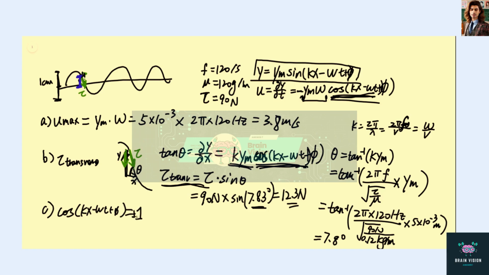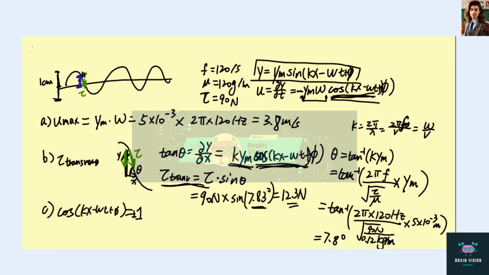The second part of C is that we want to find out the displacement y at that point. That is also not so hard, because we have cosine(kx minus omega t plus phi) equals plus or minus 1 at these points.